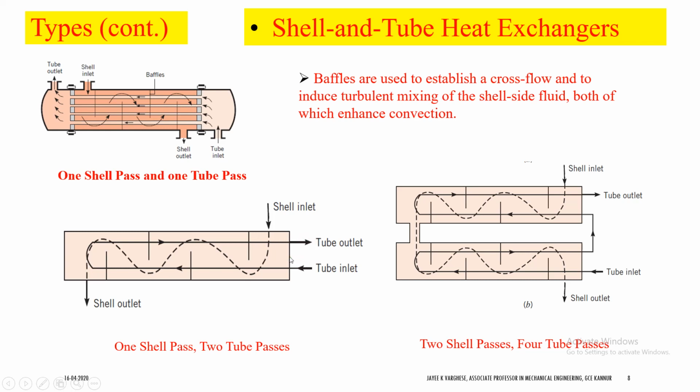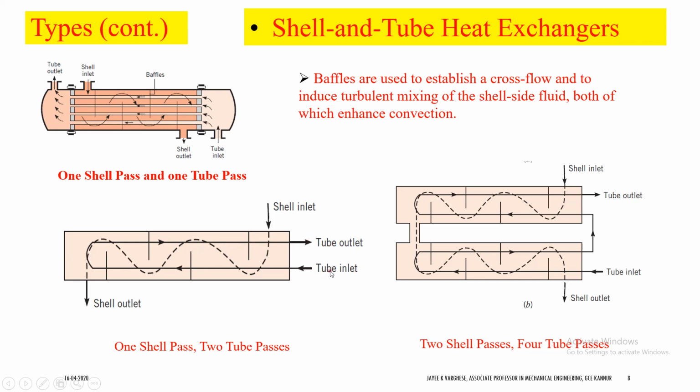So here, for half the number of tubes the flow will be from right to left, and for the other half the flow will be from left to right. Suppose there are 30 tubes inside this: in 15 tubes the fluid will be flowing from right to left, and in the other 15 tubes the fluid will be flowing from left to right.